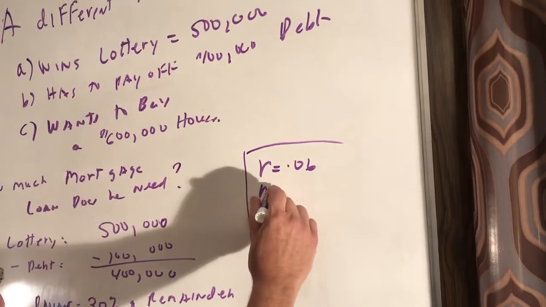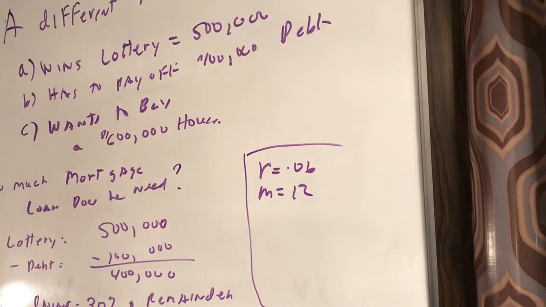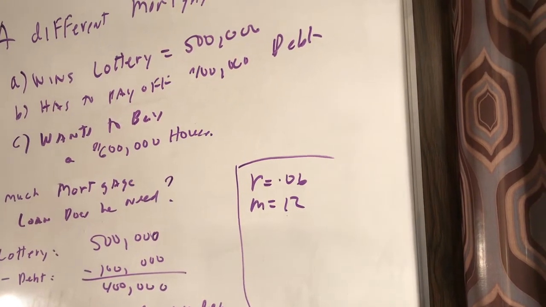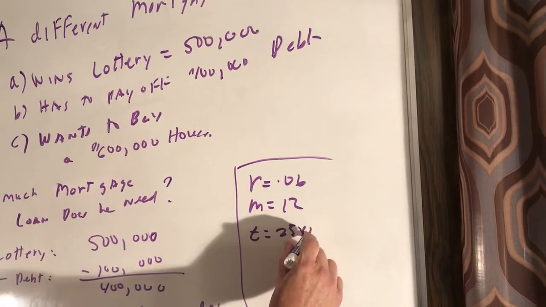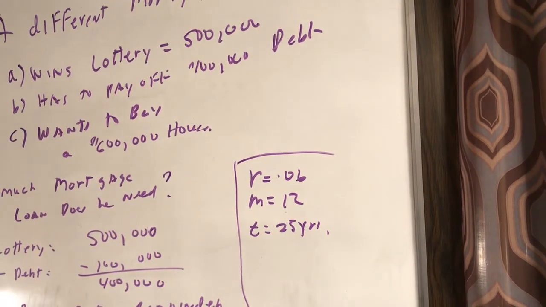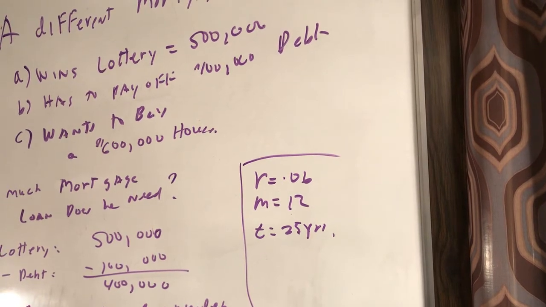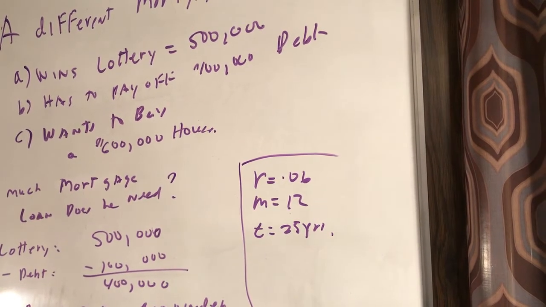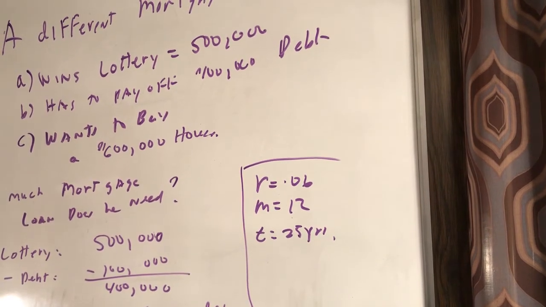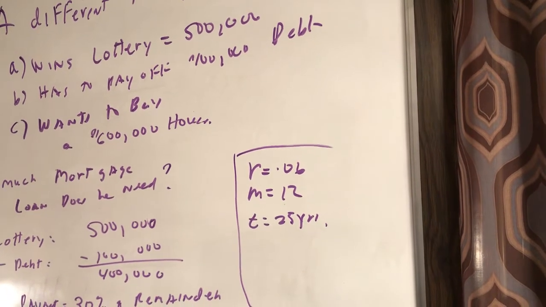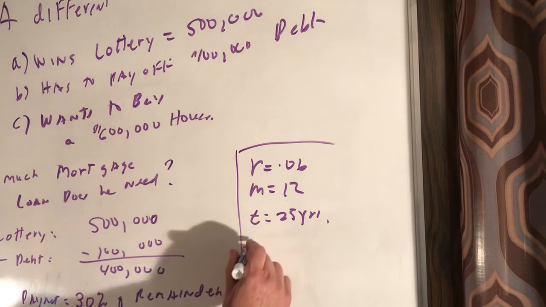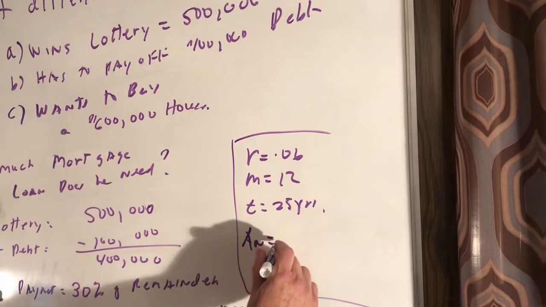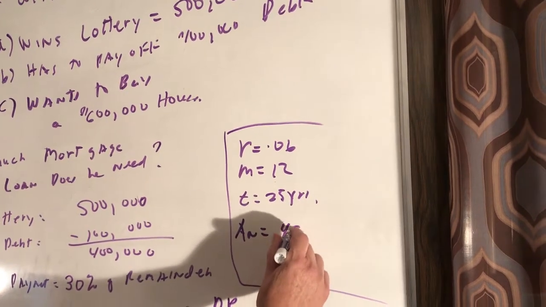He's going to pay by month, and he's going to take a mortgage for 25 years. And what else do we need? I think that's about it. And M equals 12, R equals 0.06. And we know AN, the mortgage, is $480,000.